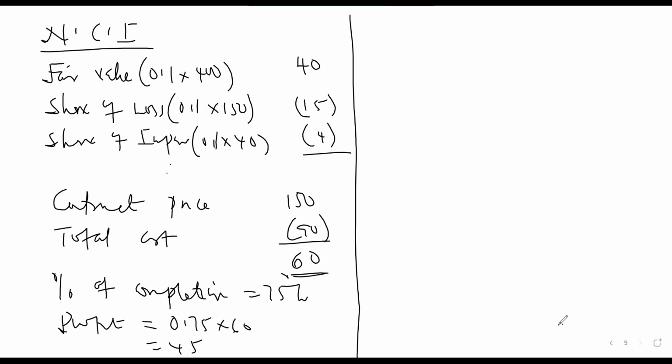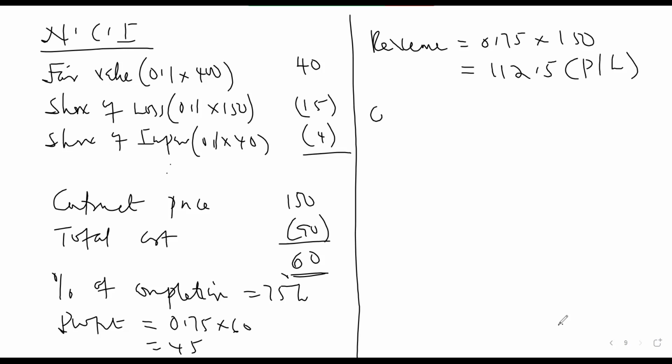Let's look at the revenue that we will be recognizing. The revenue will be recognized based on the completion. So we have 0.75 times the 150. What is the revenue that we're supposed to recognize? 112.5. So the company will recognize revenue of 112.5 in their profit or loss.